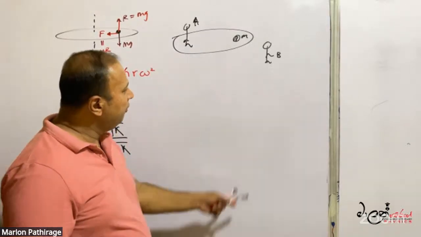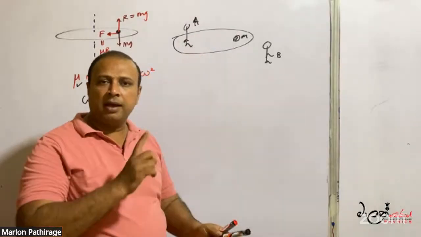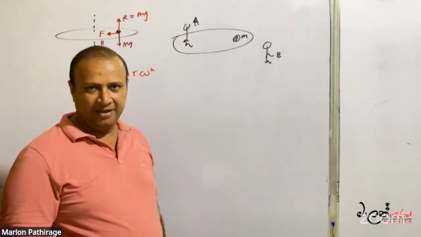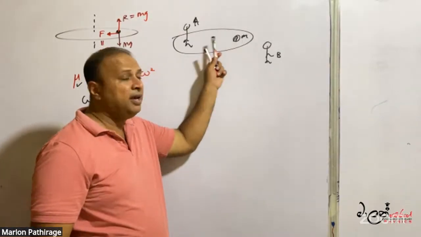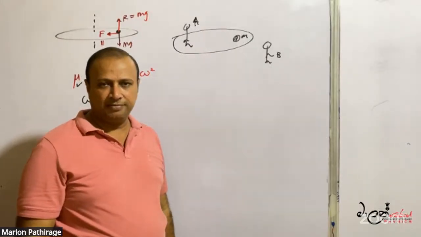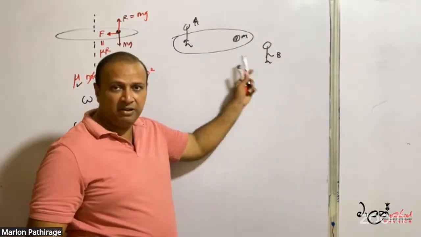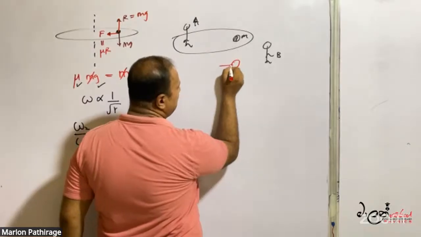But with respect to B, M and A both are rotating in a circular path. If they are rotating in a circular path, definitely there should be a centripetal acceleration, a centripetal force.